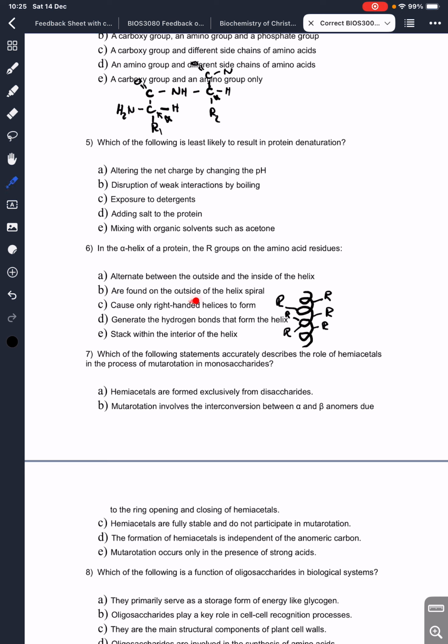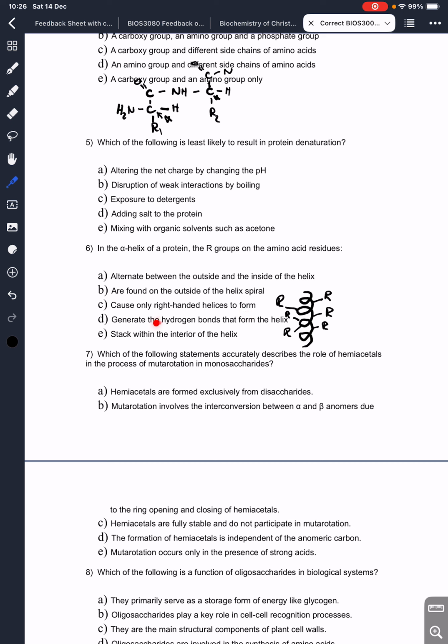They are found on the outside of the helix spiral. Yes, that is certainly correct. It has nothing to do with whether the helix goes like that or like that, so the R groups have no impact on the handedness.